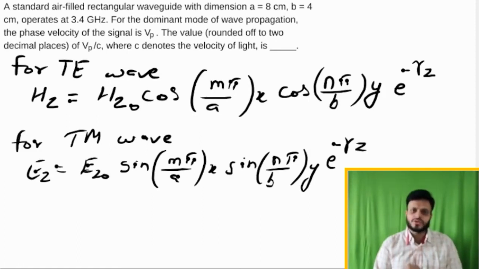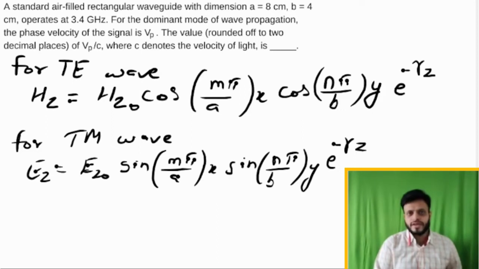Now Hz is also 0. So you cannot say that the wave is propagating. It is getting attenuated, which we don't want. We want a propagating wave so that we will be able to solve our problems. Already we have been given that the wave is propagating. So we need to check all the conditions of propagation, not of attenuation. That's why we are considering only Hz and Ez components.